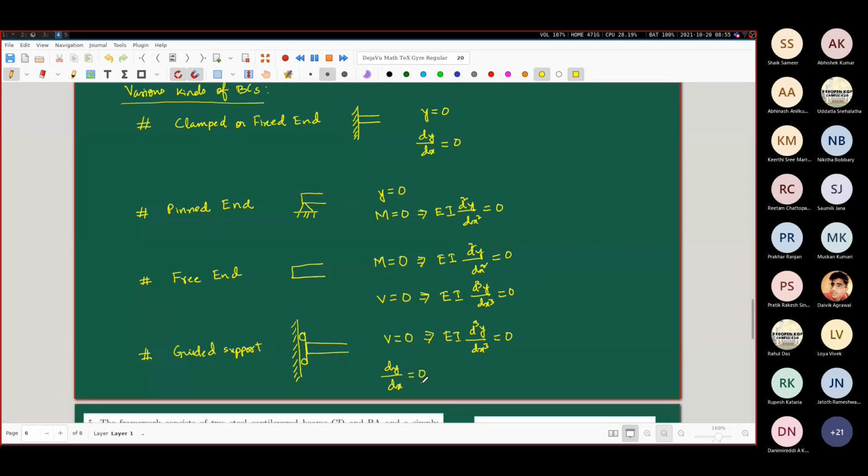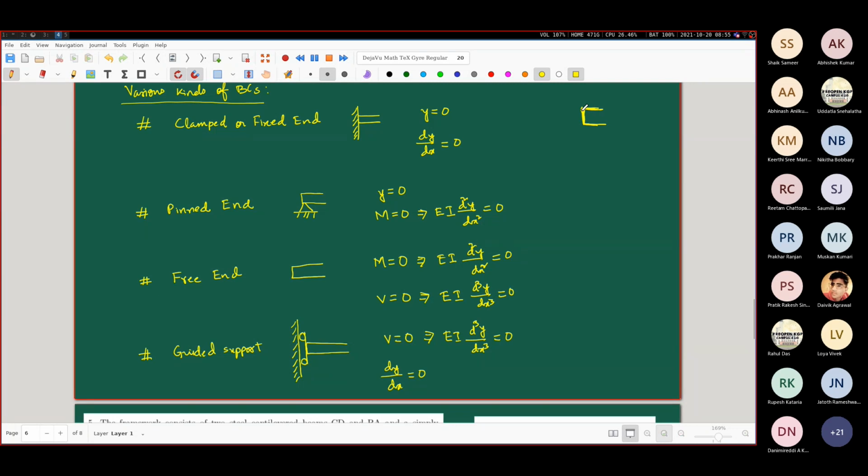Slope is 0 means that, just like we have the fixed end, if you think of this beam end like this, it remains vertical and this part remains rectangular like this.